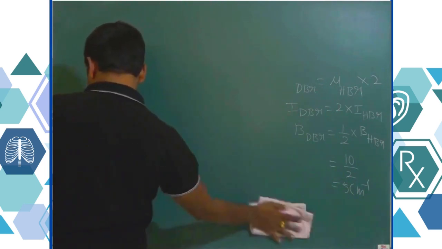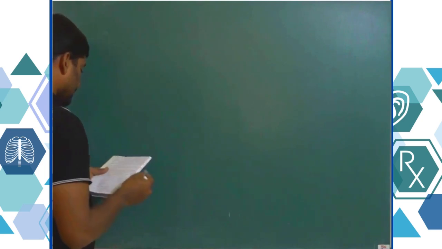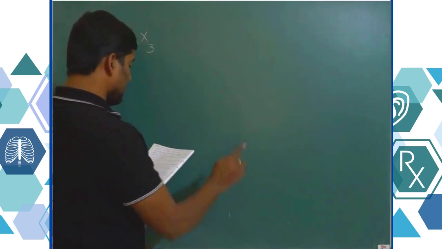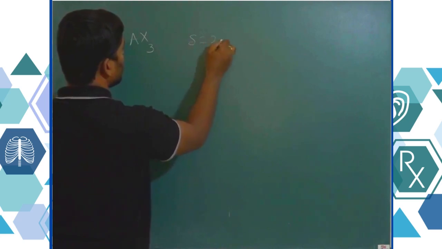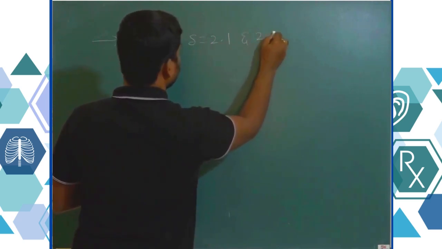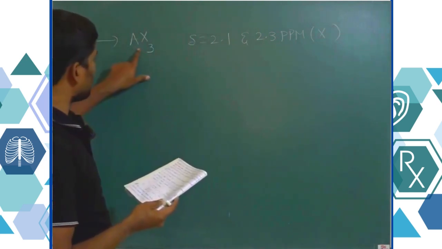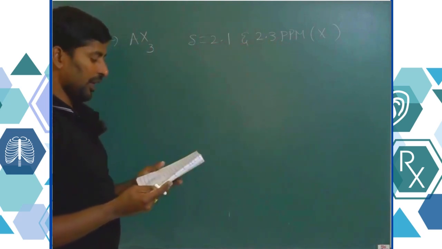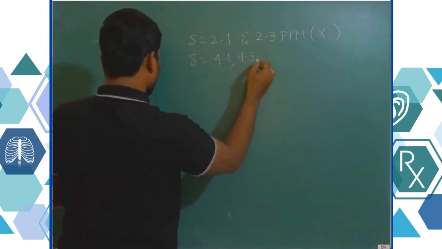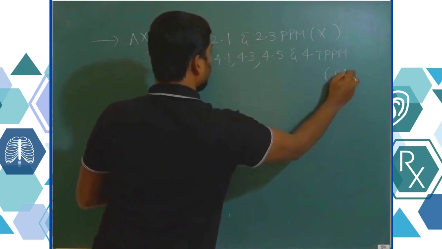So next one. The NMR spectrum of AX3 exhibits lines at delta, in the ppm scale, 2.1 and 2.3 ppm for X type of protons, and delta equal to 4.1, 4.3, 4.5 and 4.7 ppm for A type of protons.